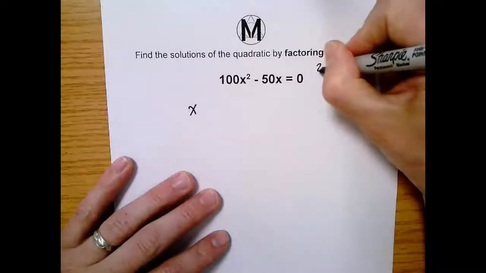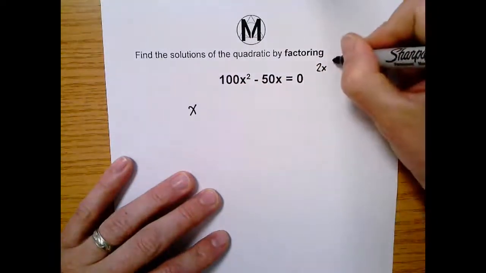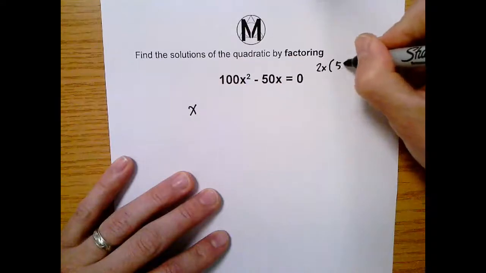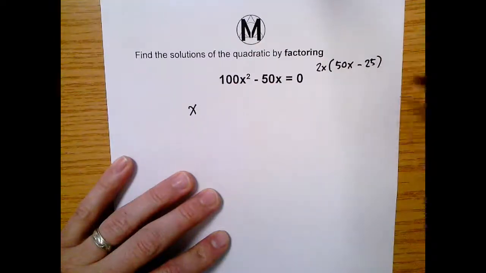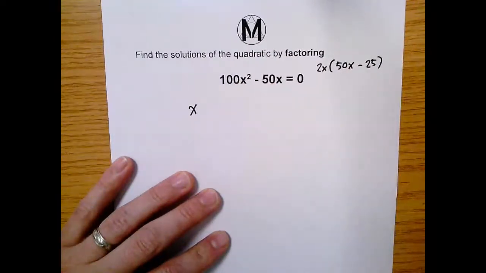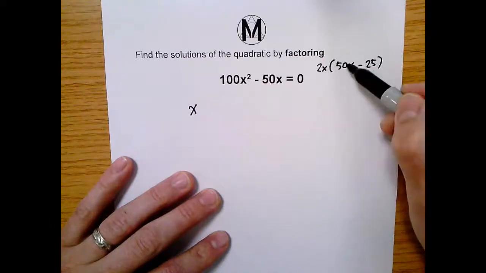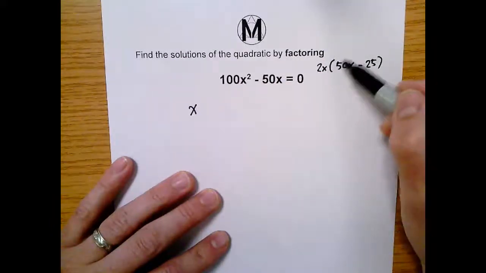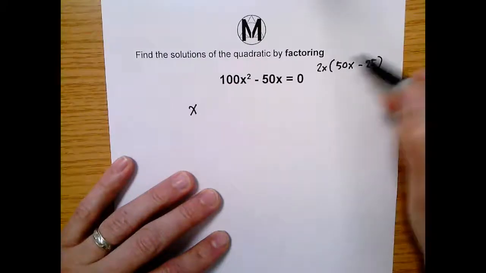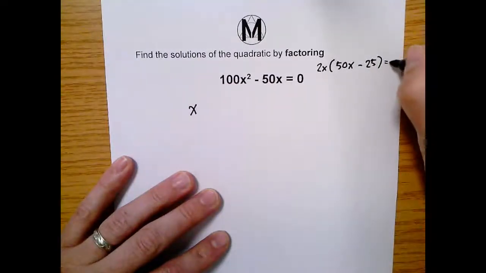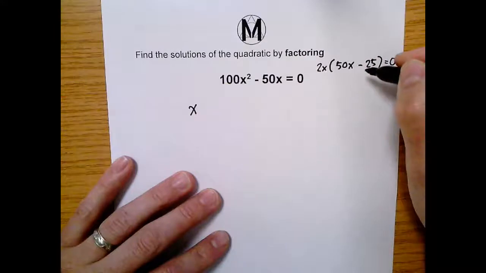Well, if I just took out a 2x, then I would have 50x minus 25. And if I redistribute, you see I'd get right back to where I started. 2x times 50x is 100x squared, and 2x times negative 25 is negative 50x. So that, you know I did it right because it all goes back.